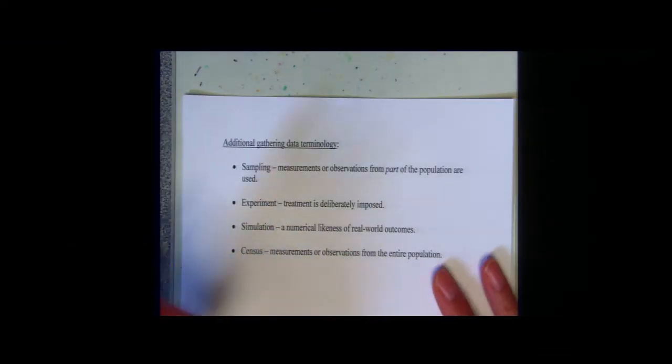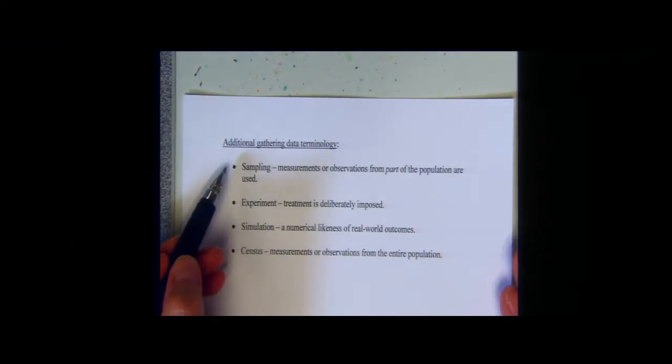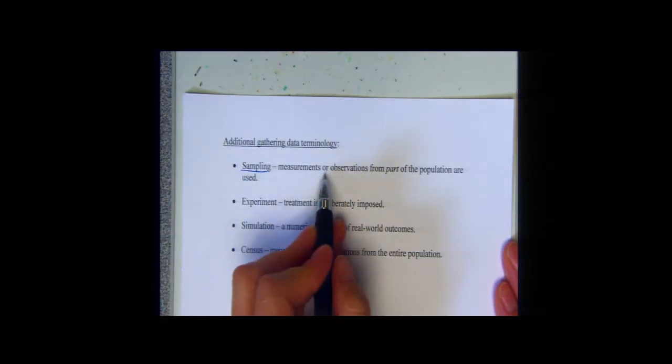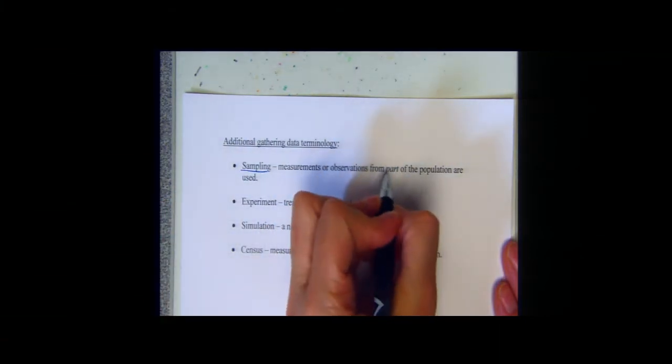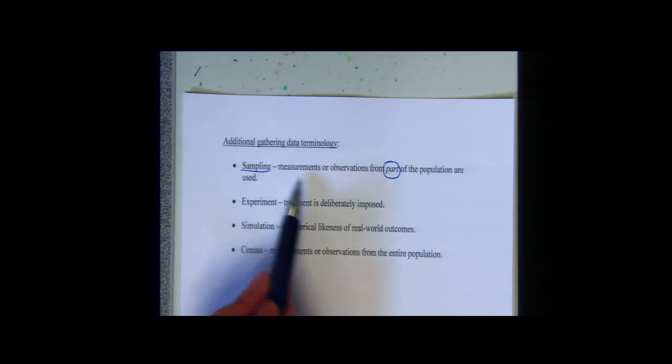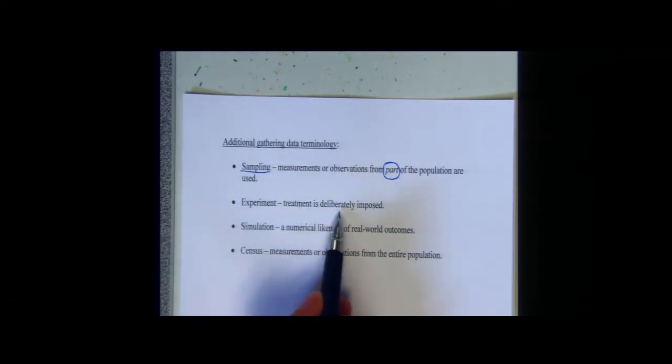All right, additional gathering data terminology. Sampling: measurements or observations from part of the population are used. If you recall, earlier in Chapter 1, we talked about the difference between population and sample. So when your measurements and observations come from a sample, then it's called a sampling. Experiment: treatment is deliberately imposed.